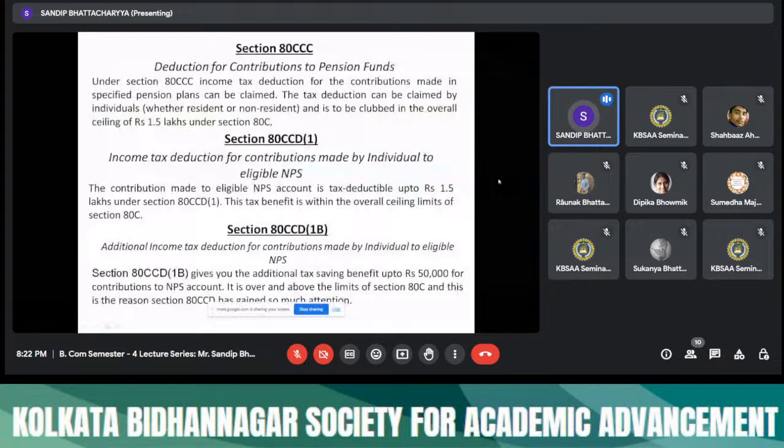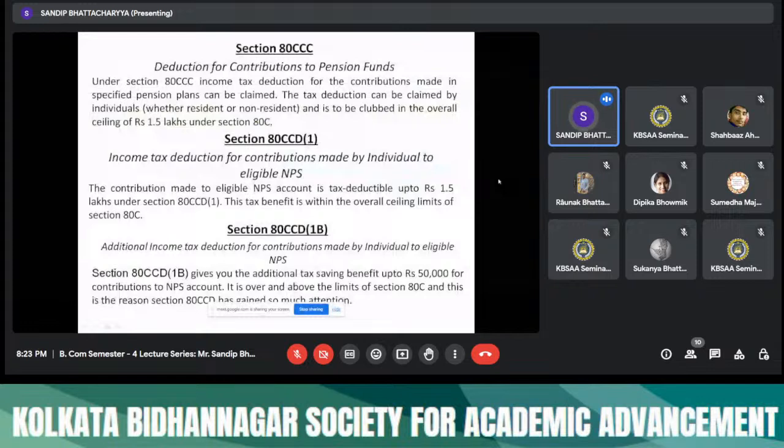Now section 80CCD(1), that is income tax deduction for contribution made by an individual to any national pension scheme. Your question probably, sir, what is the difference between 80CCC and 80CCD(1)? The difference is that under section 80CCC, please underline this word, pension fund, but 80CCD(1) is the nationalized pension scheme.